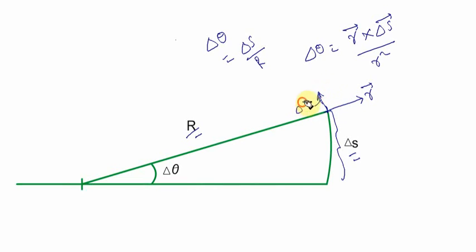This is our delta S. And this angle is 90 degrees. So we can see from here the direction of R cross delta S would be going into the plane for clockwise rotation, and for anti-clockwise rotation the direction of delta S will change. It will be here, and so the direction of delta theta would be coming out of the plane.